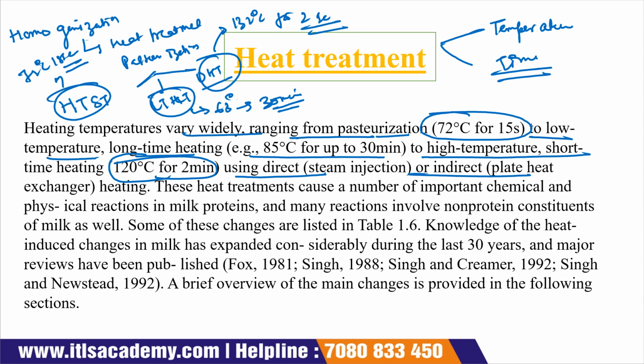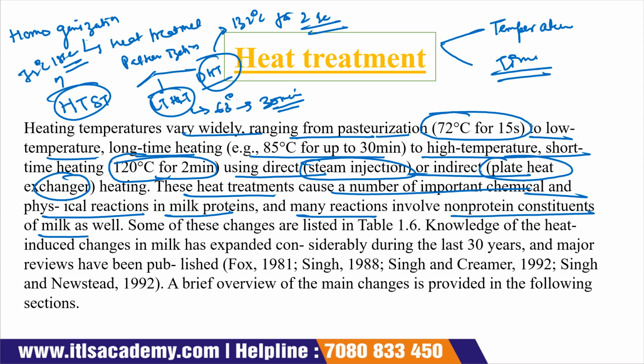For direct heat we use steam injection, and for indirect heat we use plate heat exchanger heating. These heat treatments cause a number of important chemical and physical reactions in a milk product, and many reactions also involve the non-protein constituents of milk. Some of these changes are listed in a table which we discuss in the next slide.